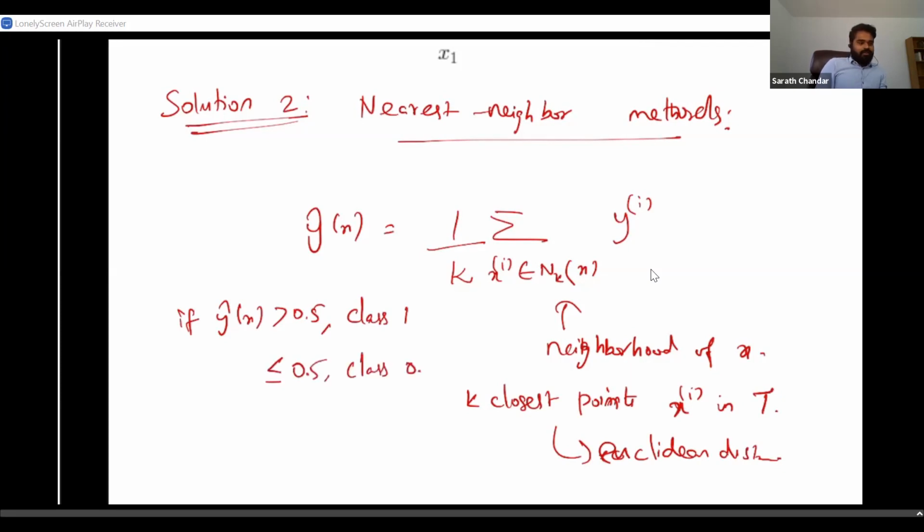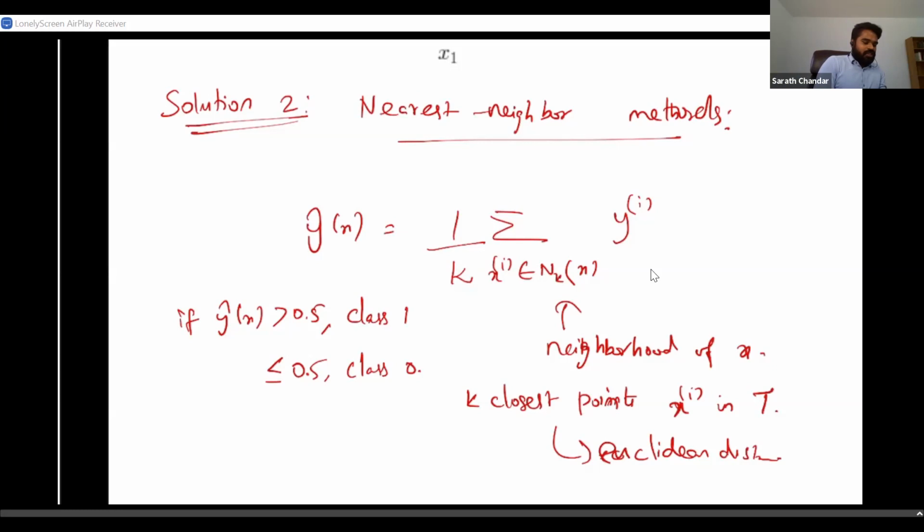In some sense, we are doing majority voting. Let's say I pick k equal to 10 neighbors. If there are 7 class 1 neighbors and 3 class 0 neighbors, then the score here is 7 by 10, which is 0.7, so probably this class is class 1.